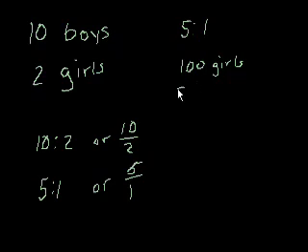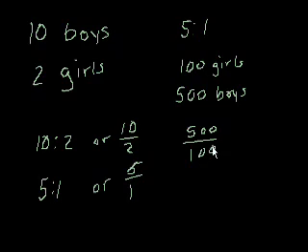So that means that there would be 500 boys, right? Or you could also look at that as the ratio of boys to girls is 500 to 100, which equals 5 to 1. And this is a typical way that a ratio is written, 500 to 100, of boys to girls.